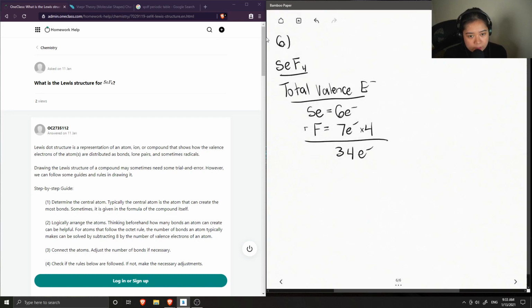So now I'm going to draw selenium as our central atom. And then I'll show all the single bonds to all the fluorines, and I'll also fill in all of the lone pairs on my fluorines as well.